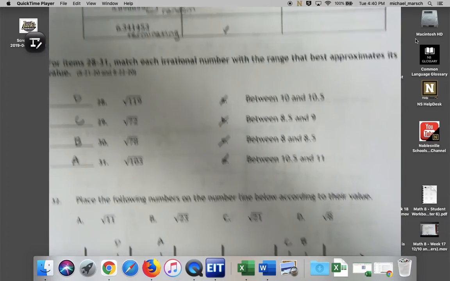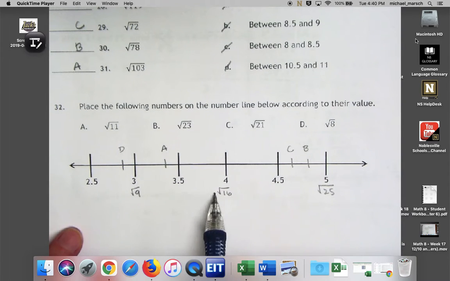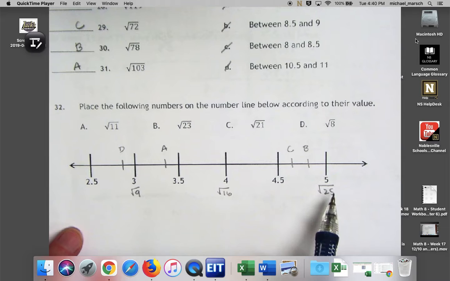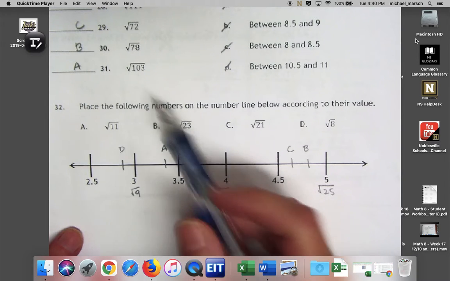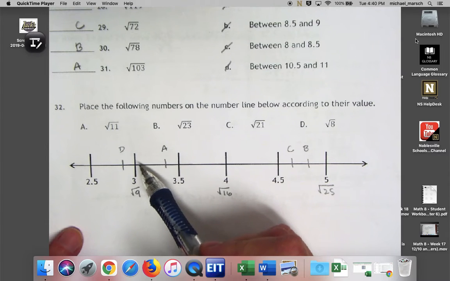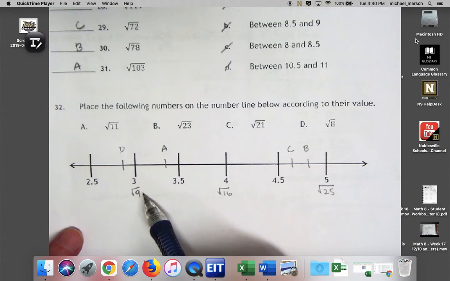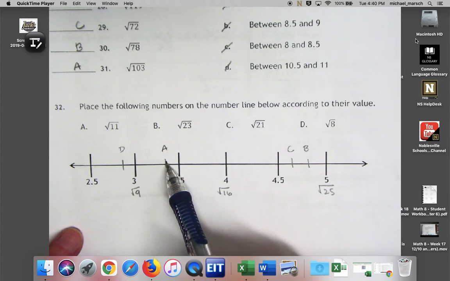And then I had to put these on the number line, right? So I went through and just put square root of 9, square root of 16, square root of 25, so that when I'm placing them, square root of 11 is going to be between 3 and 4, right? But 11 happens to be closer to the number 9 than the number 16, so that's why I put A here.